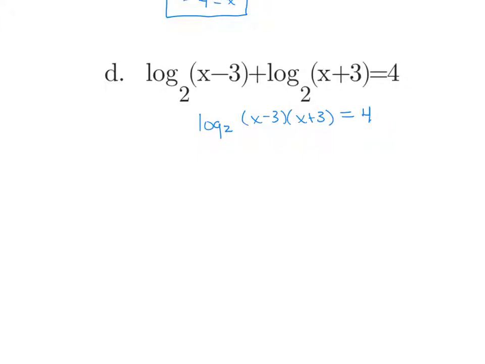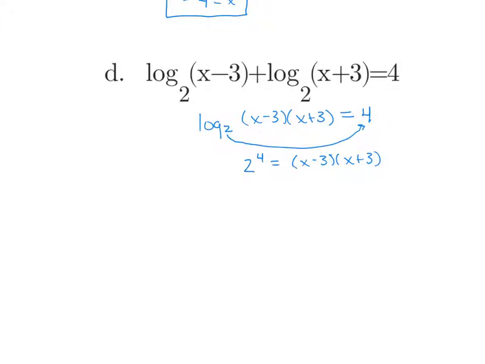If we go ahead and convert to exponential, I have 2 to the 4th equals x minus 3, x plus 3.